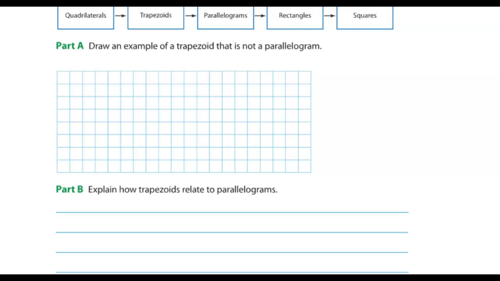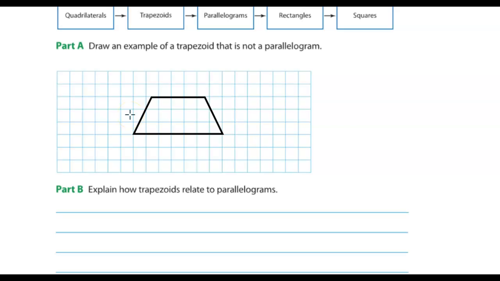So for example, I'm just going to go up here to my shapes to help me out just a little bit and help you out because mine gets really ugly sometimes. So I may draw a shape that looks something like this. So this is a trapezoid, but it's not a parallelogram. It has one pair of parallel sides, but it doesn't have two pairs of parallel sides.